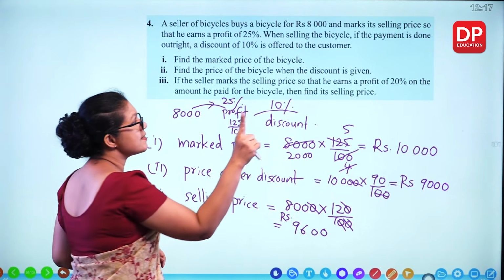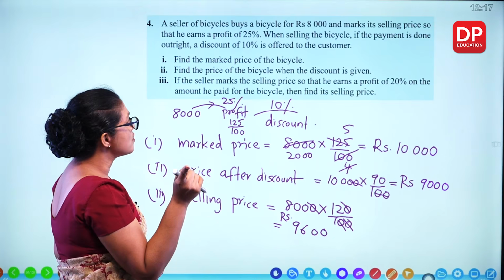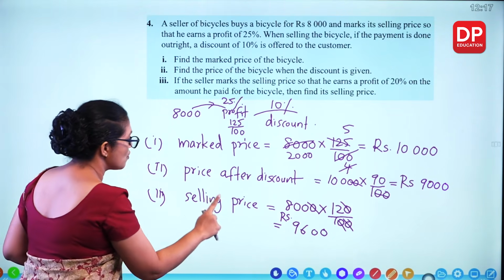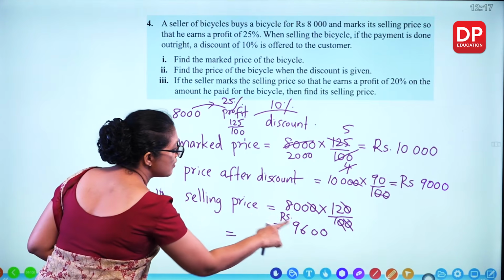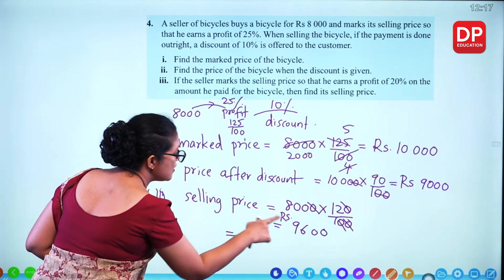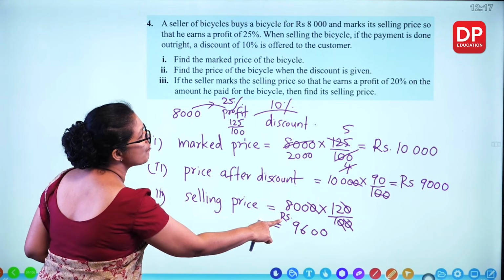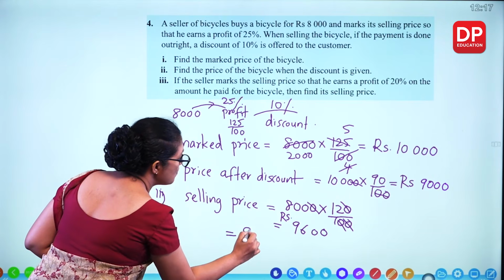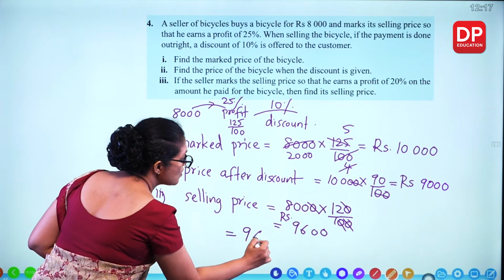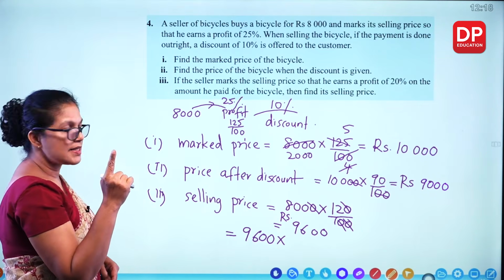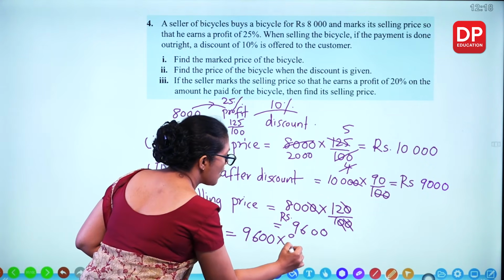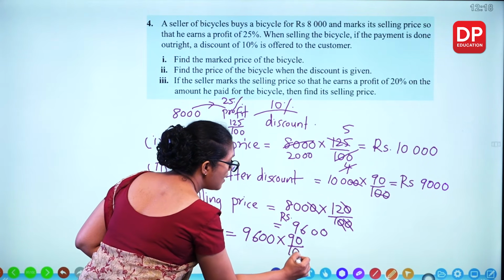Now we have to consider the discount, 10% discount. So what's the selling price? This is not the final one. So this is with the 20% profit. 20% profit is 9,600. Now 10% discount means you have to multiply by 90 and divide by 100.